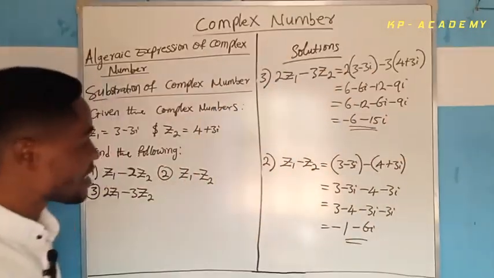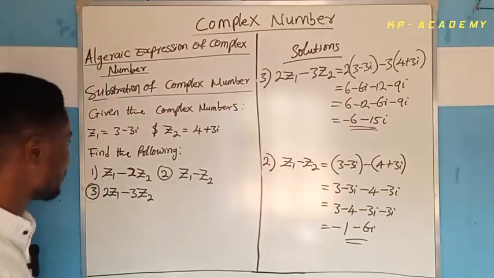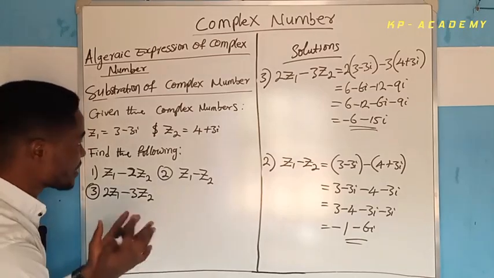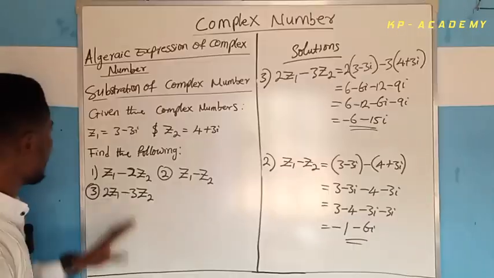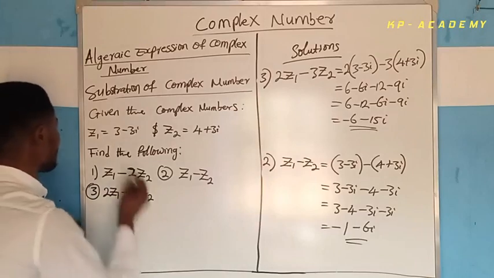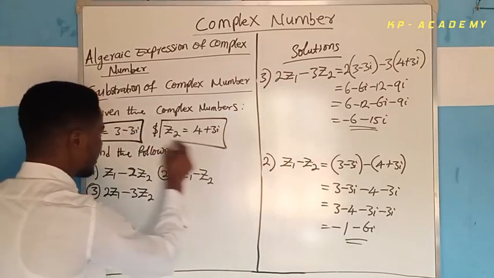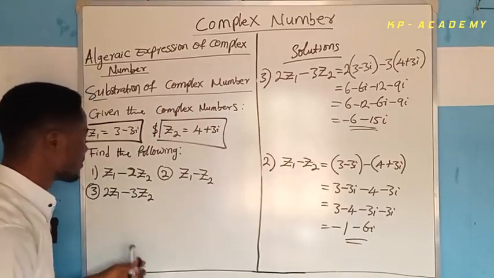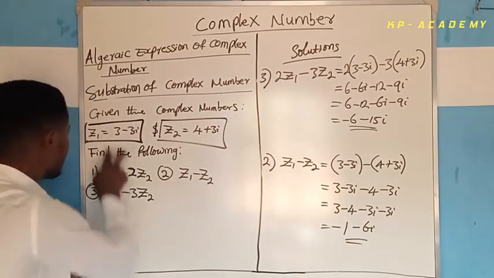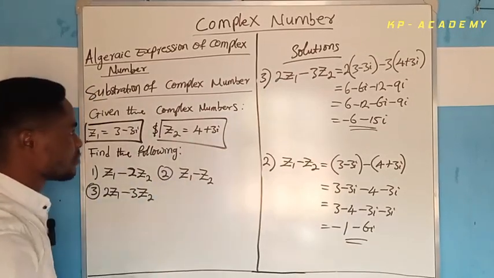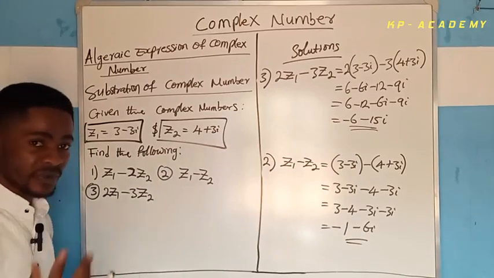So this is it about addition and subtraction of complex numbers. In summary of what we've just learned in this video, whenever you are given a complex number, say this, and a complex number this, and you are asked to add them up, you are simply going to carry it out in the way we've seen.